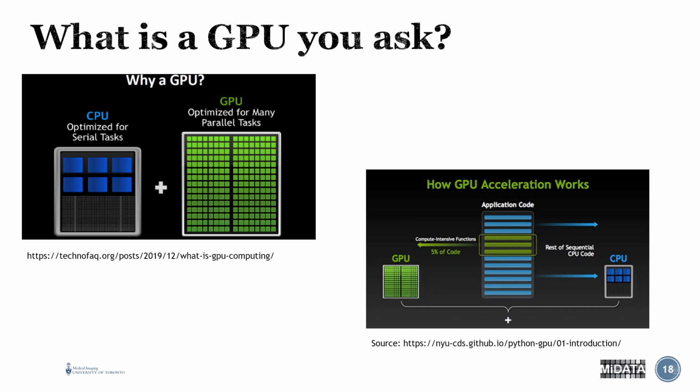As you can see here on the right, how the acceleration is obtained is you have your application code, where throughout your code, it's your CPU that runs the code serially. However, a portion of your code, which requires very compute-intensive math functions, is sent to the GPU for processing, and then sent back to your application, which is driven by your CPU.